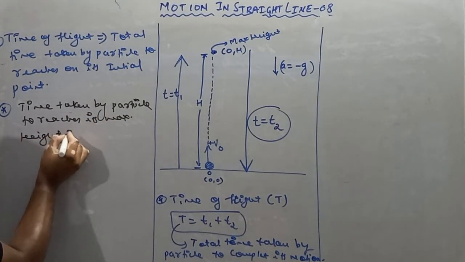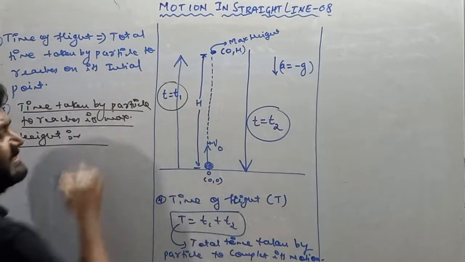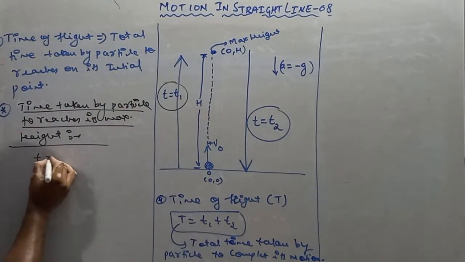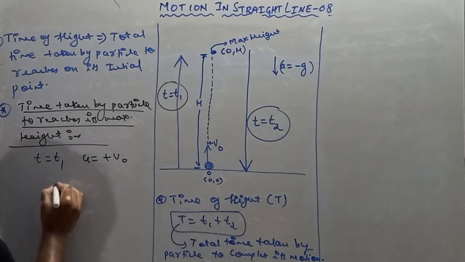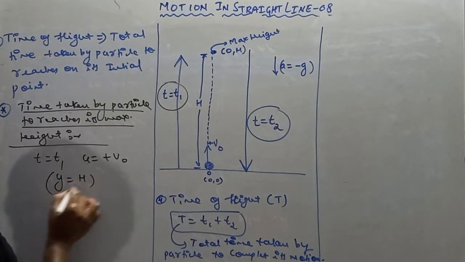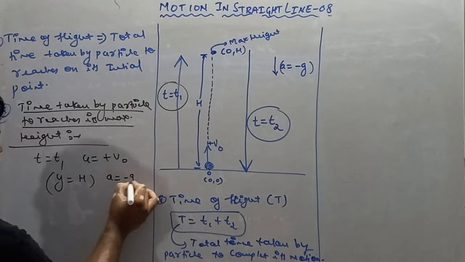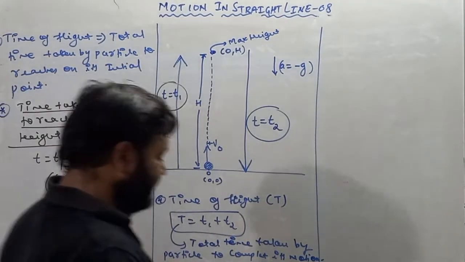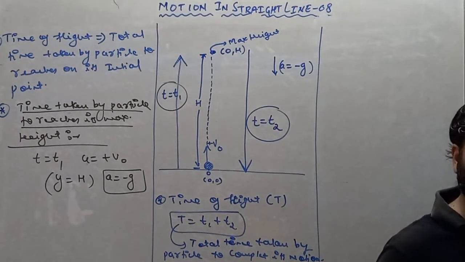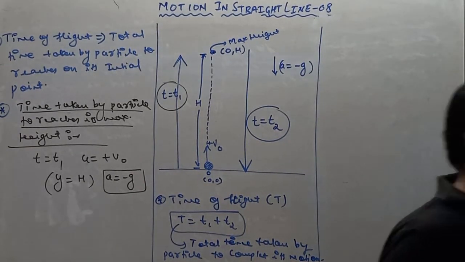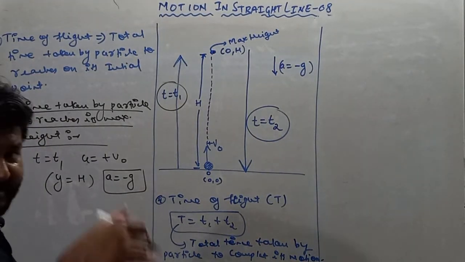Now see my dear student, the time taken by the particle to reach its maximum height is considered to be t1. So instead of t, I'll write t1. Instead of initial velocity, I'll write plus v0. Instead of y, I'll write h, because h is maximum height. And instead of acceleration, I'll write minus g. Why minus g? Because the particle is moving along y-axis, and its acceleration is always along negative y-axis.